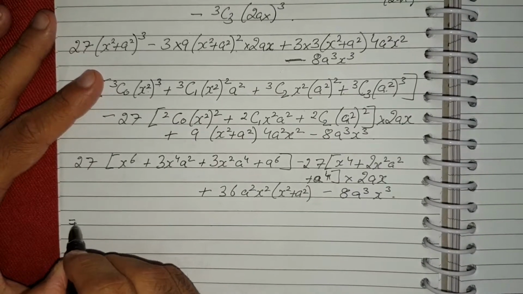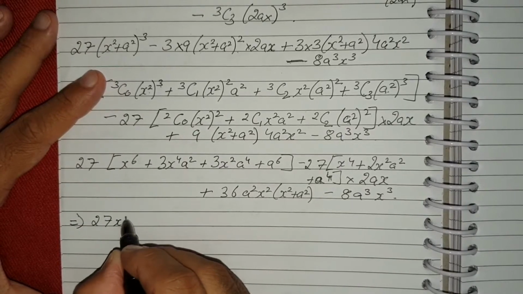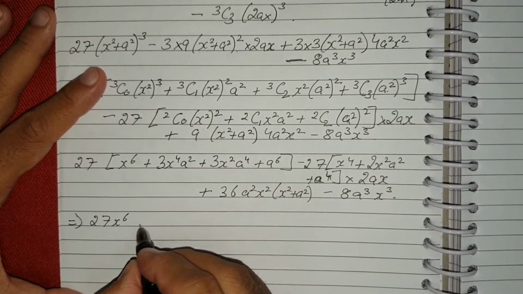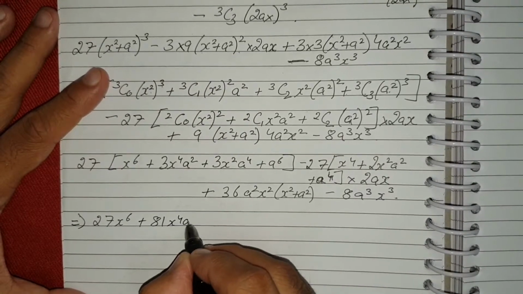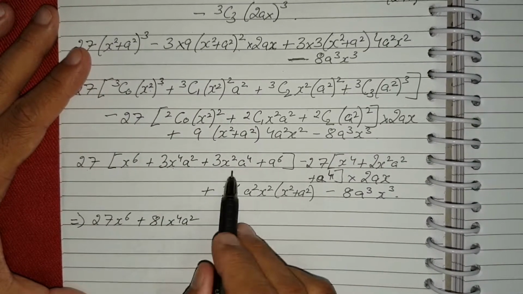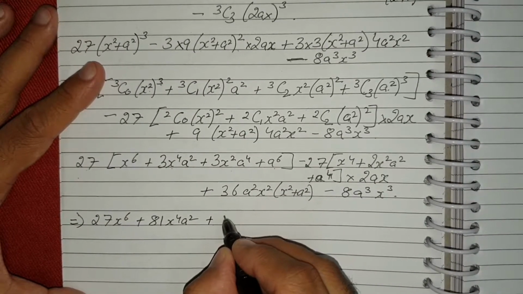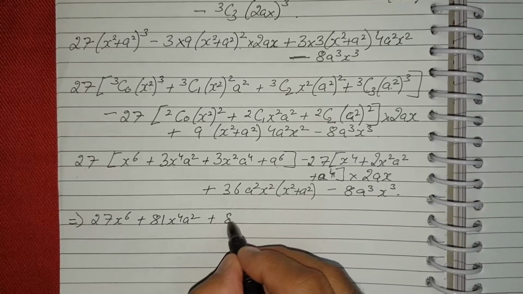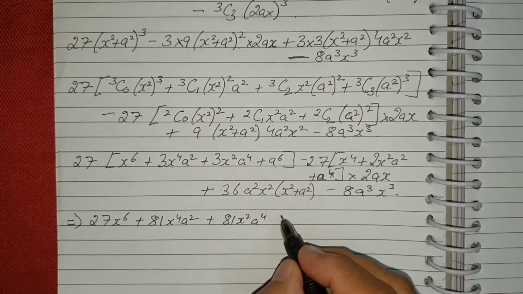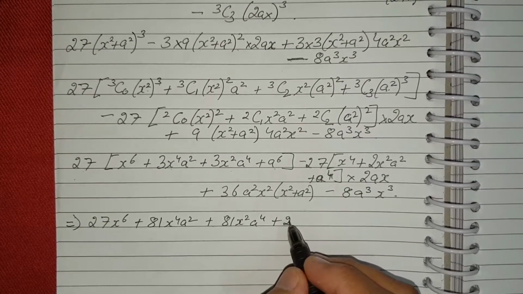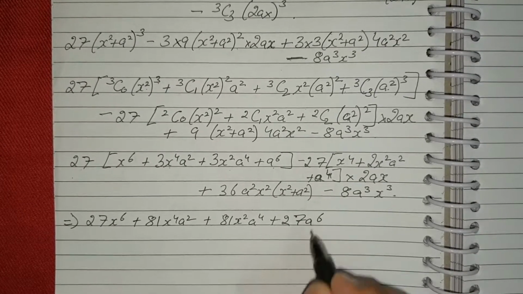So, our answer will be 27 x to the power 6, plus 81 x to the power 4 a square, this into this, then this into this, then this into this. Then again plus 81 x square a to the power 4 plus 27 a to the power 6.